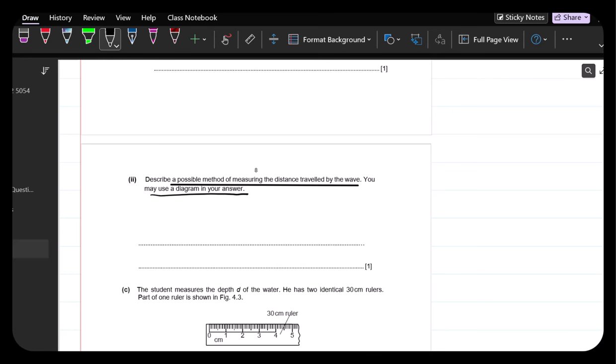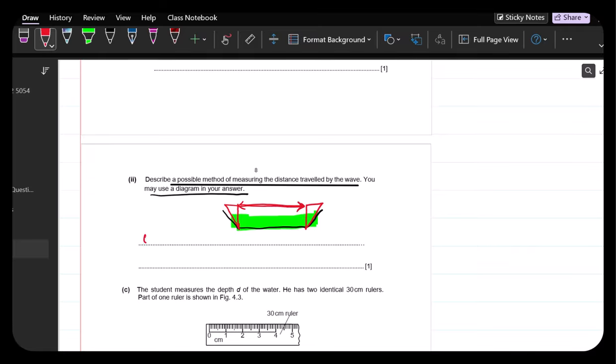So this is possible. If I draw a diagram here, suppose we have a wave or water like this. What I'm going to do is place a set square here in this way, place a set square here in this way, then you can measure this length. So you are basically dealing with this length of the wave.